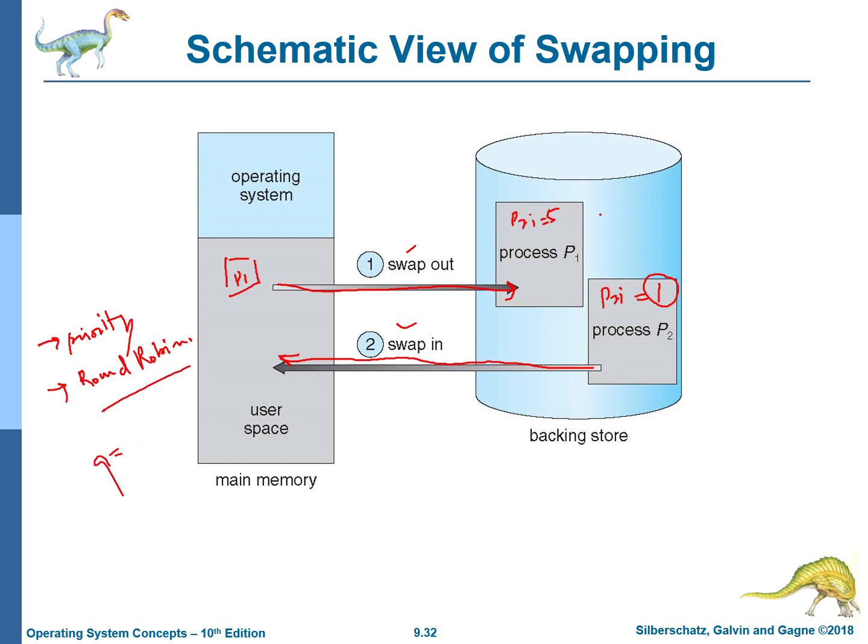For example, if this process is 50 units of time, and this process is also 50 units of time, and the quantum is 10, then we will need only 5 step in and 5 step out.